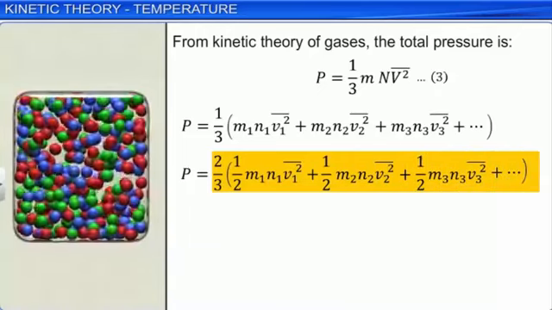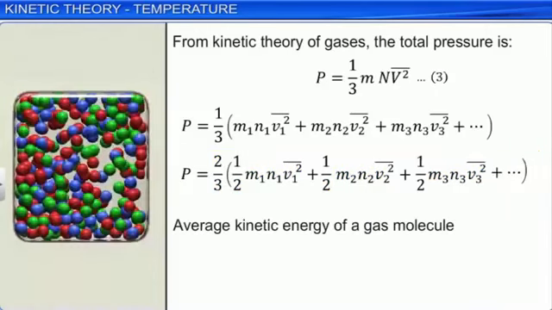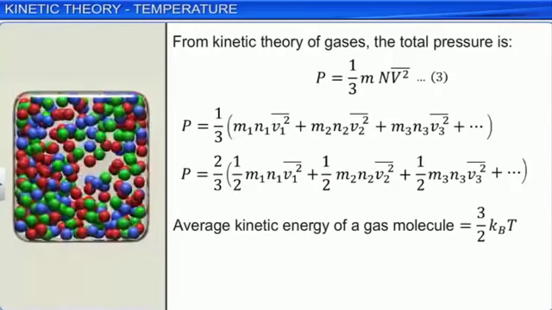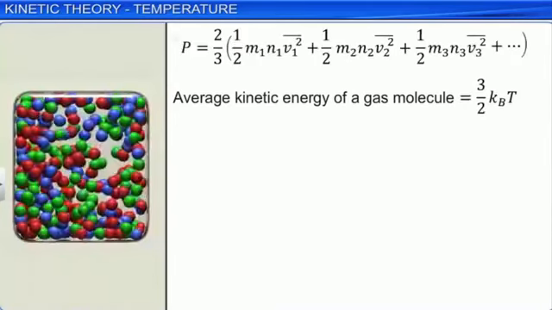We know that the average kinetic energy of a gas molecule is equal to 3 by 2 k_B T, and this is the same for all molecules at a constant temperature.